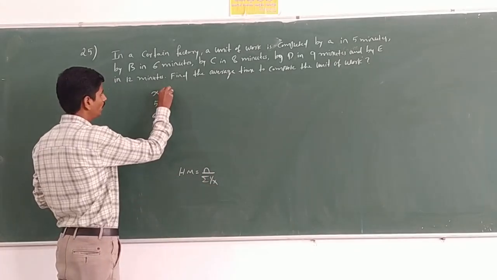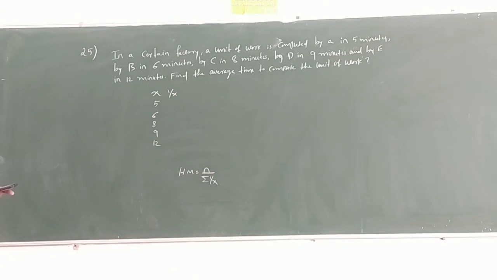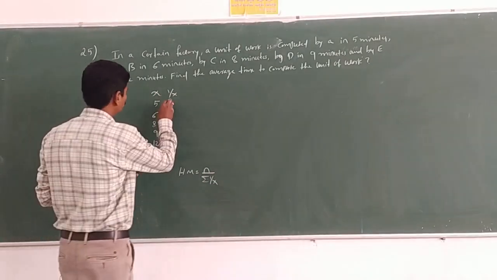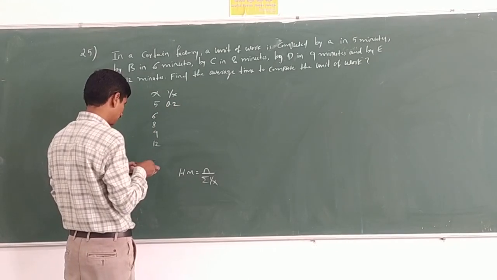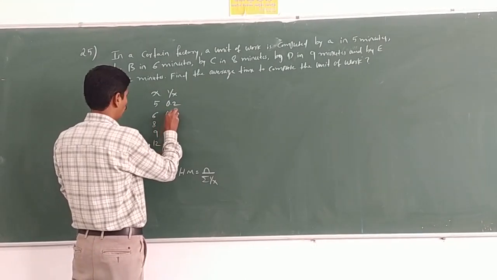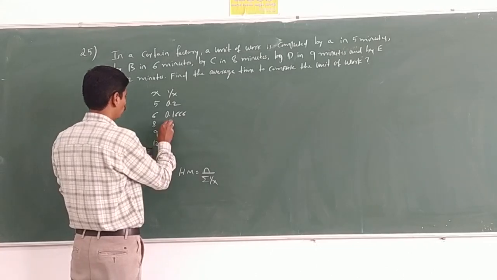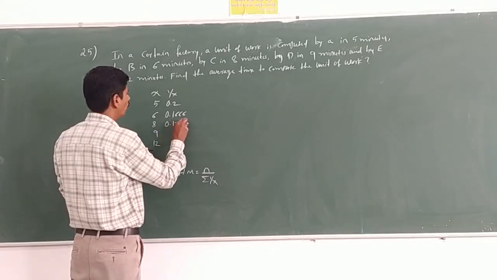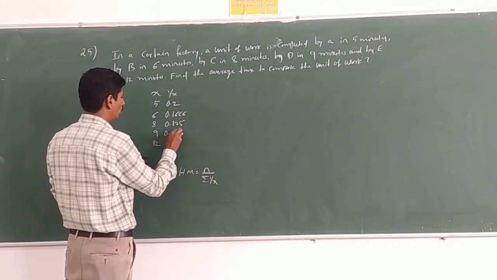Then we want 1 by x. Here 1 by 5 is 0.2. The next, 1 by 6 is 0.166. The next, 1 by 8 is 0.125. 1 by 9 is 0.111.